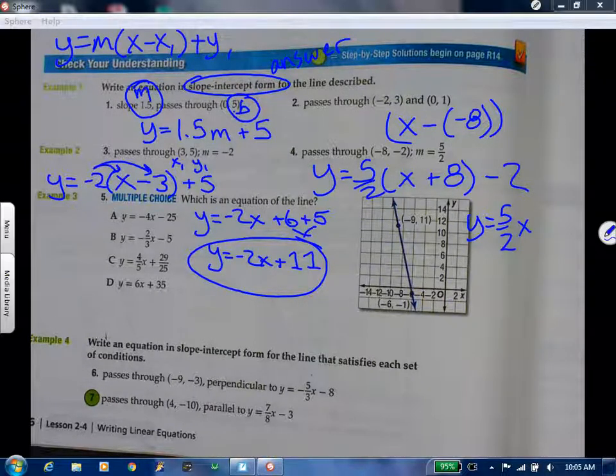So that's where it should end up, because you have a positive 5 halves times positive 8. You see why? Did you have a negative 8? You'd have here 5 halves x plus 20 and then minus 2. 20 minus 2 is 18.